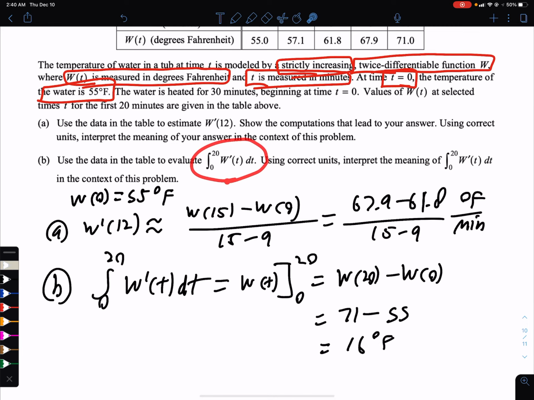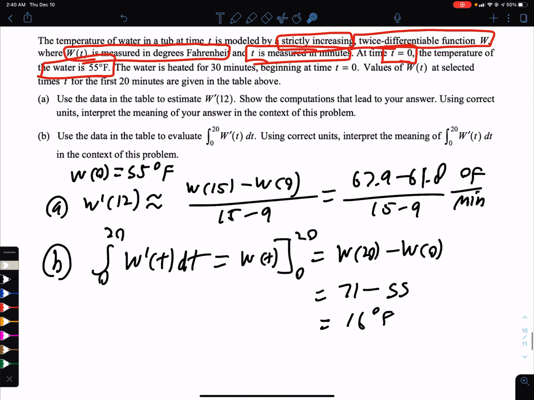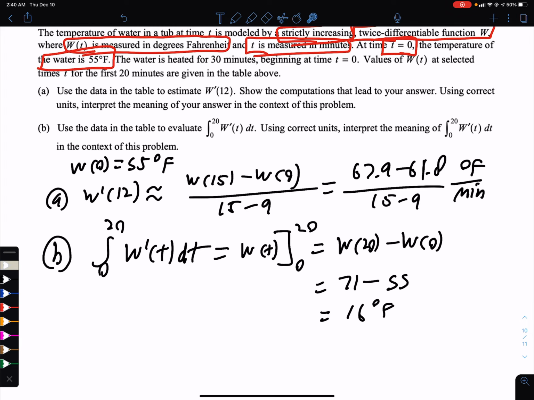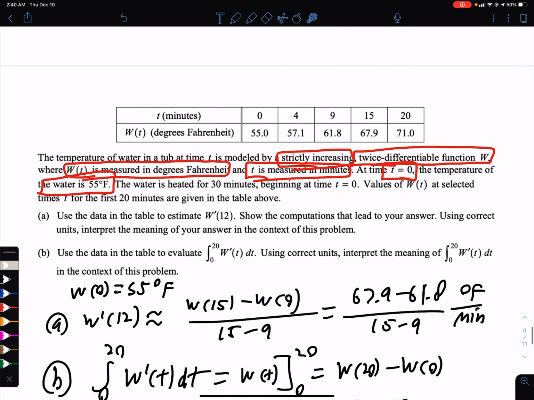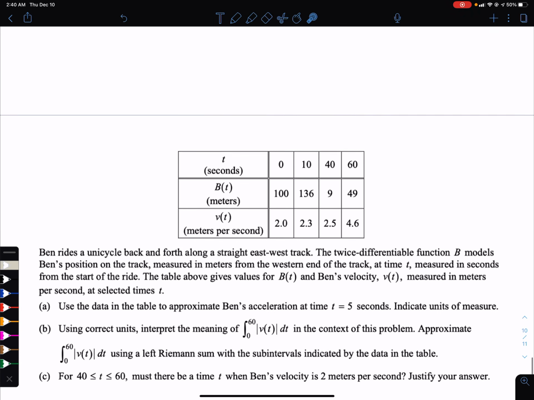So you would say the temperature of the water in the tub increased by 16 degrees Fahrenheit from time t equals 0 to t equals 20. That's what it would be. The integral of W prime gives you the change in W, which is the change in temperature. And since it's positive 16, the temperature of the water increased by 16 degrees. So this is the fundamental theorem, making all these connections.